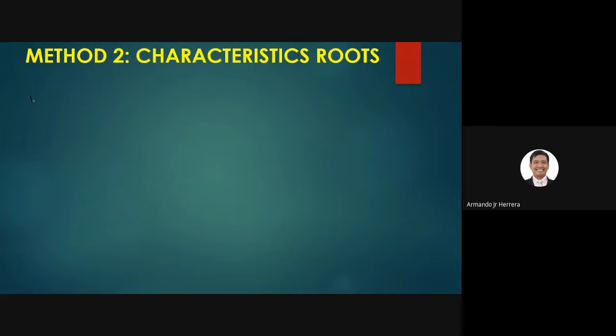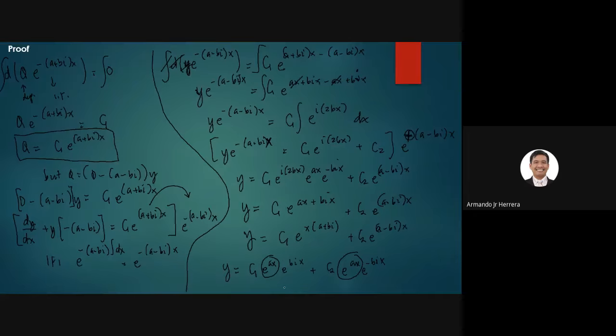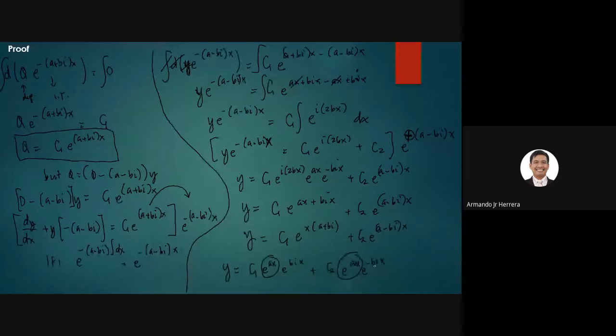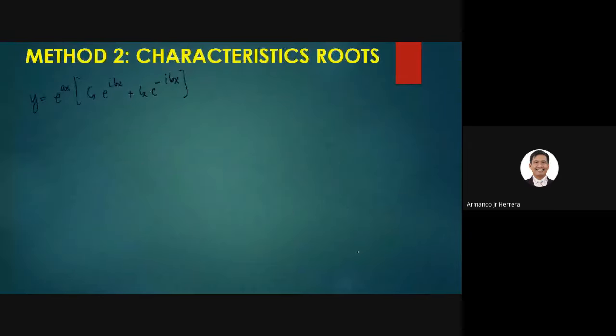So that's y equals e to the ax as a common factor. Then you have c1 e to the ibx plus c2 e to the negative ibx. So, that will be the remaining term for the second term.